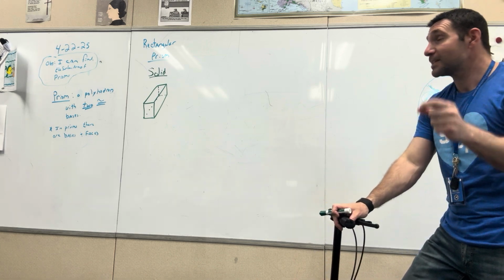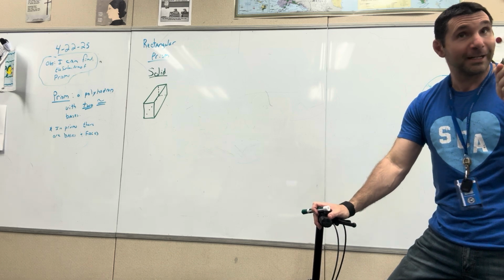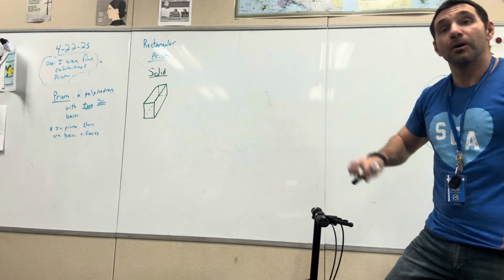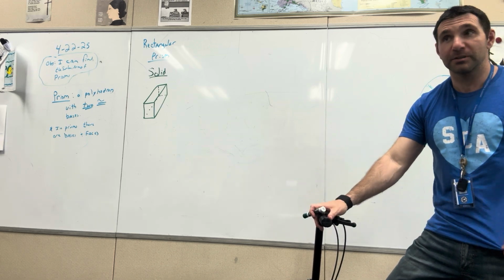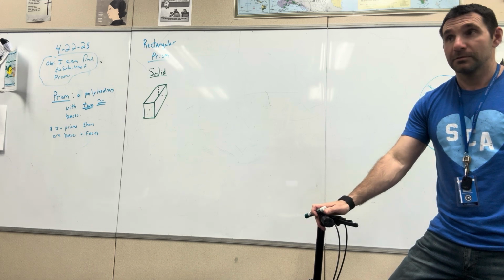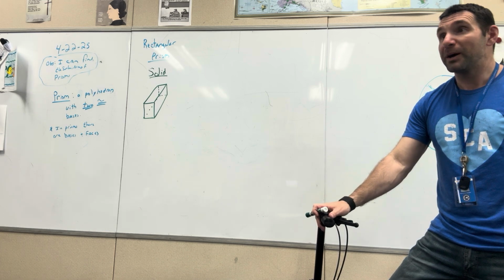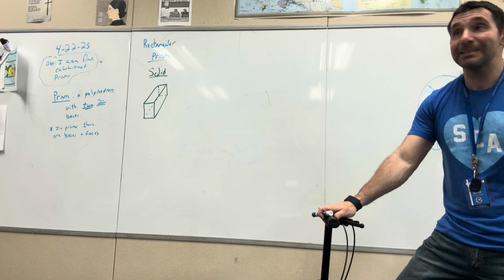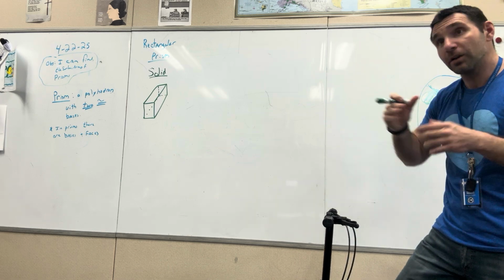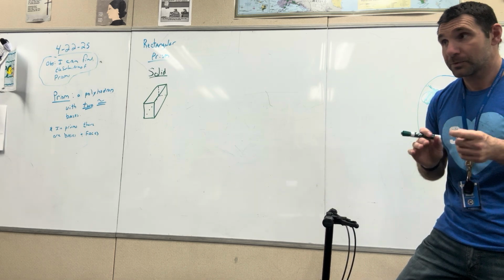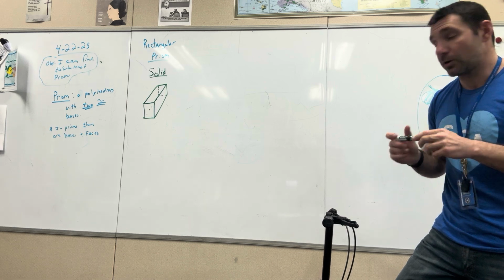For it to be a rectangular prism, one, it has to be made up of polygons. What shapes is my rectangular prism made out of? Rectangles. But a rectangular prism is named not because all of the faces are rectangles, but because the bases are.